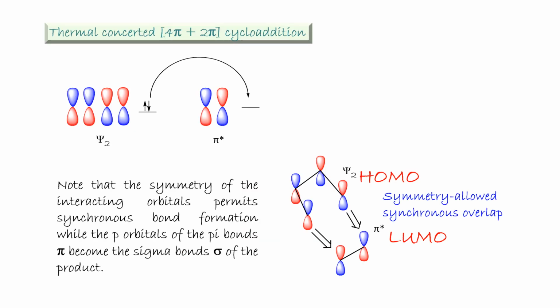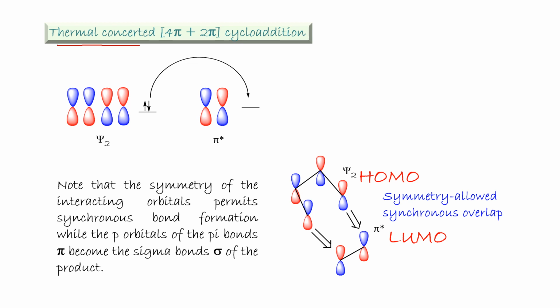Let's apply frontier molecular orbital theory to the 4 pi plus 2 pi cycloaddition reaction, Diels-Alder, under thermal conditions.